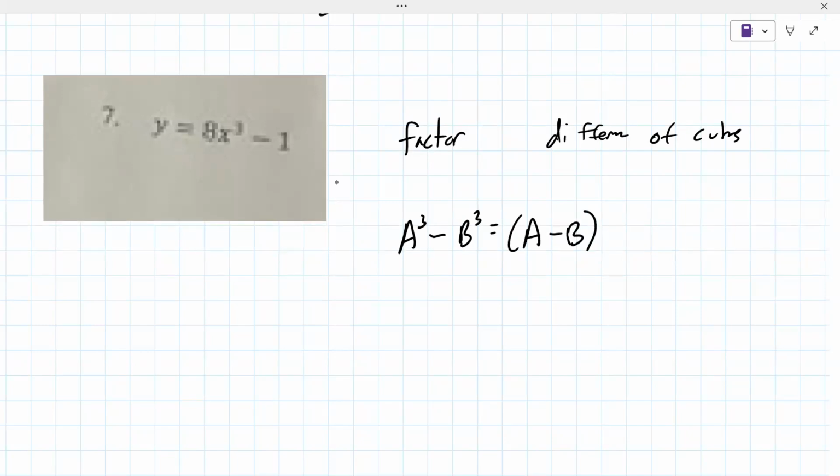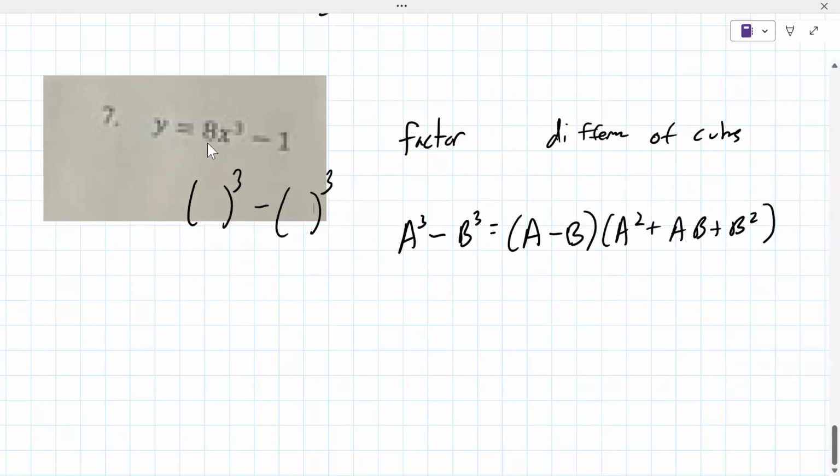This whatever it is that you're cubing minus the other thing times a squared plus ab plus b squared. And so the setup here is like you have to figure out what is your a and what is your b. Basically, it's like what are you cubing to get back to this previous line, and what are you cubing to get back to this previous line?